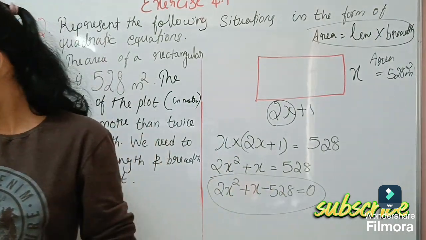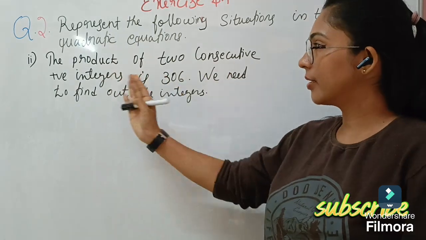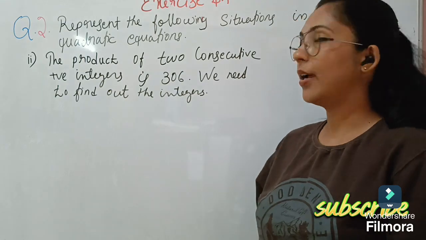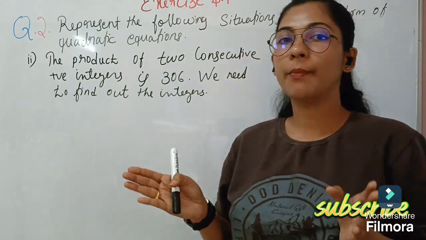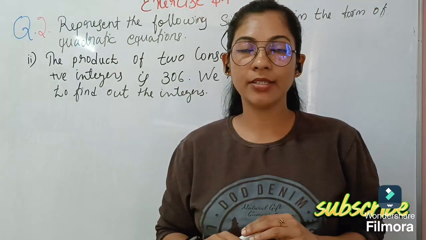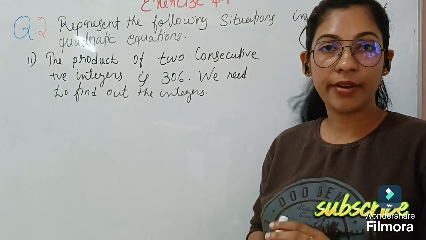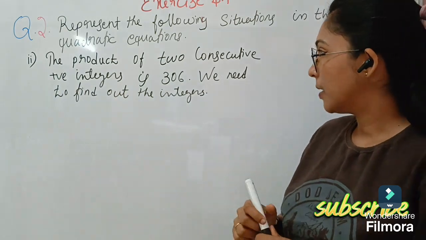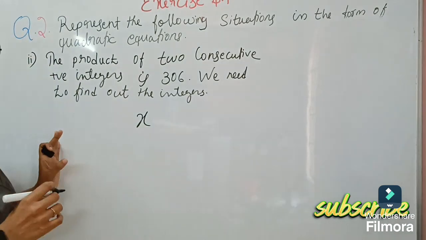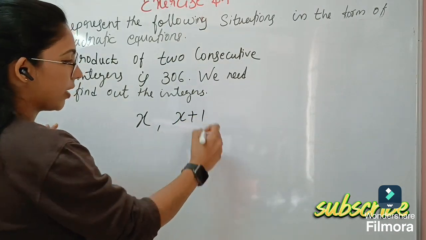The second sub-question is: the product of two consecutive positive integers is 306. We need to find the integers. So there are two positive integers and their product is 306. We have to write down the quadratic equation. Suppose x is the first integer, then the next integer will be x plus 1.